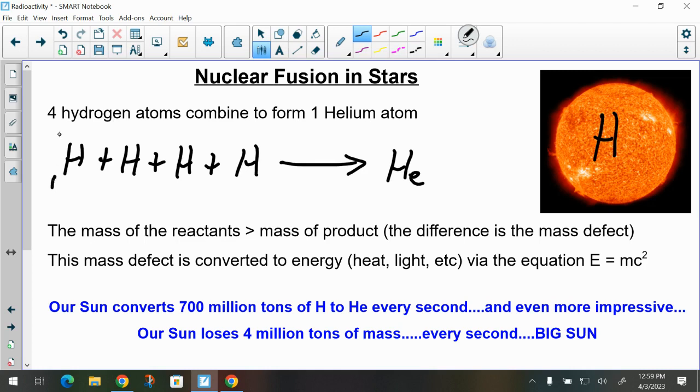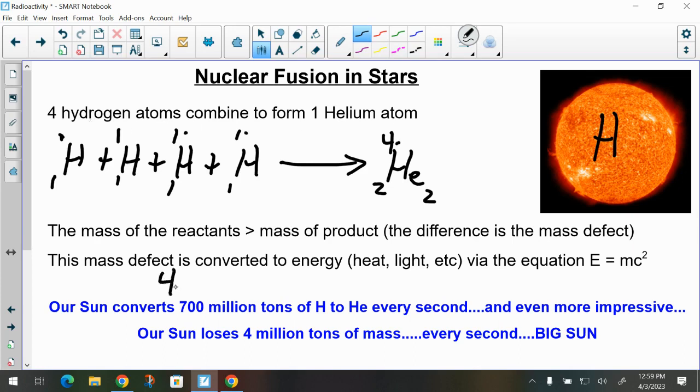This hydrogen is 1, 1, 1, 1, and it's a 0 isotope. And so what you get, now you might say, wait a minute, shouldn't it make 4? What it actually makes is helium, it has 2 neutrons, and it makes a mass of 4. So there's 1, 2, 3, 4, and there's 4, but it turns out they're not exactly 4.